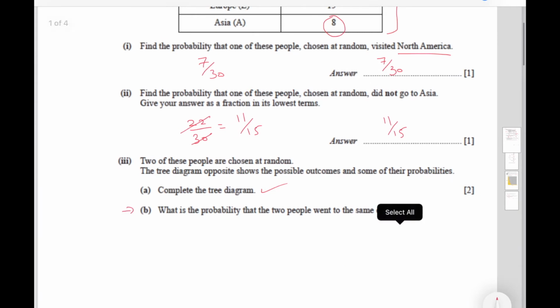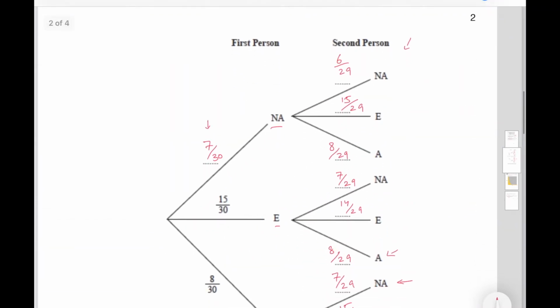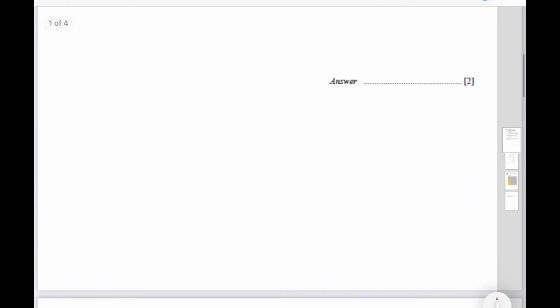The second part over here says what is the probability that the two people went to the same continent. So for the first one, two North Americans means this probability, which is 7 over 30 times 6 over 29.